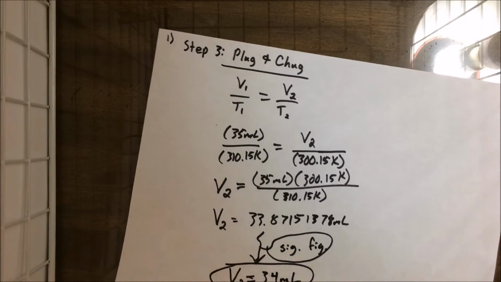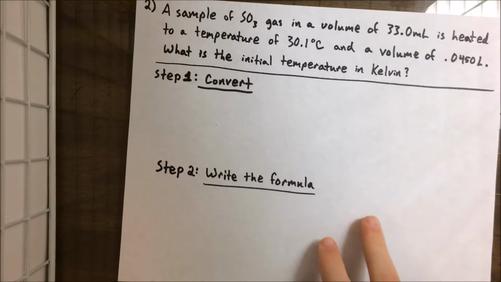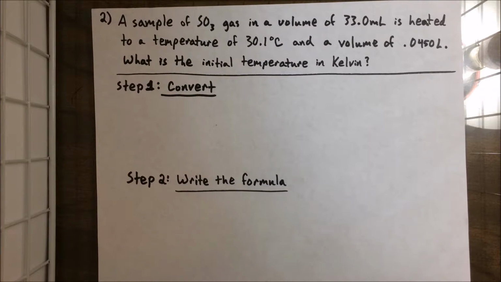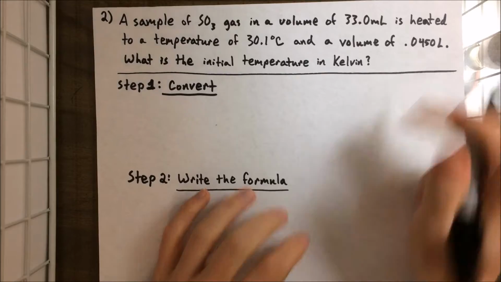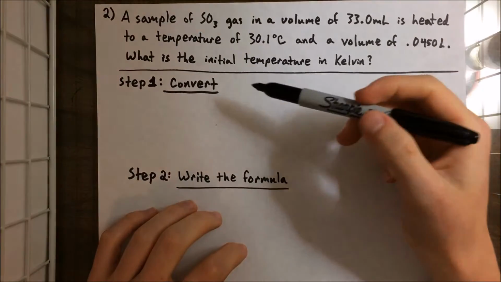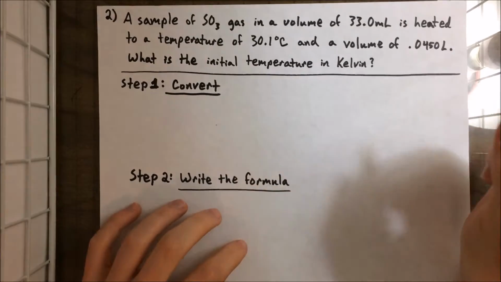So now let's do another example. We have a sample of SO3 gas in a volume of 33 milliliters, and it is heated to a temperature of 30.1 degrees Celsius and a volume of 0.0450 liters. What is the initial temperature in Kelvin?